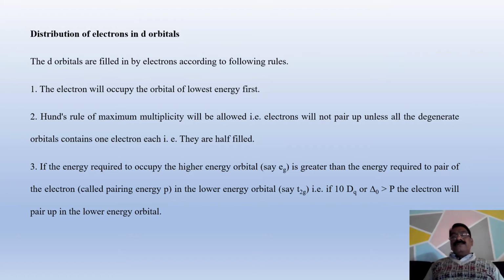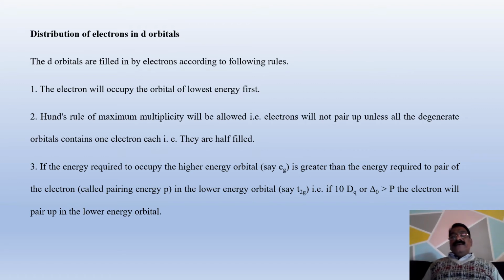That is, electrons will not pair up unless all the degenerate orbitals contain one electron each, that is, they are half-filled. Third, consider the energy required to occupy the higher energy orbital compared with the energy required to pair up the electron, that is the pairing energy, in the lower energy orbitals.